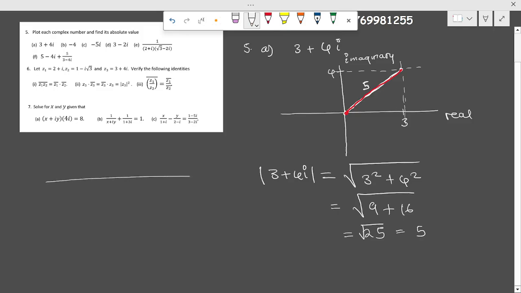So what of this one, B, which looks interesting? It doesn't have any value on the imaginary axis, but you see that it has a negative 4 on the real axis. So for this one, it will just move from the center like this and be like this.